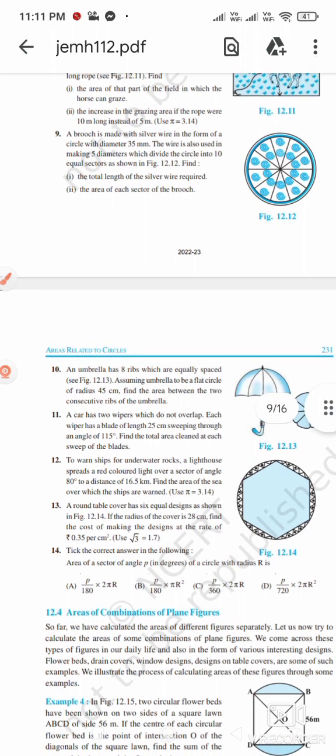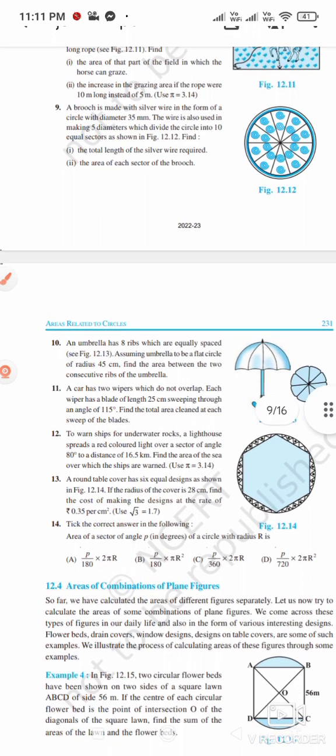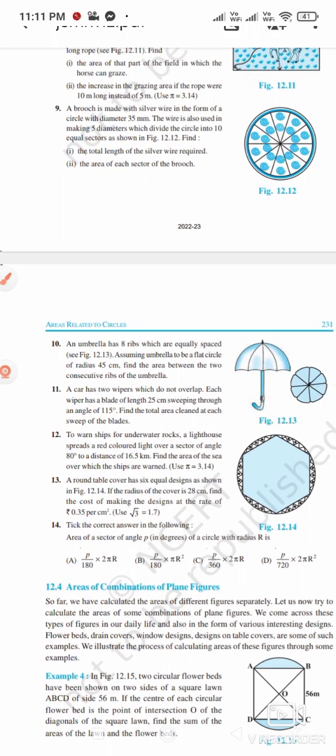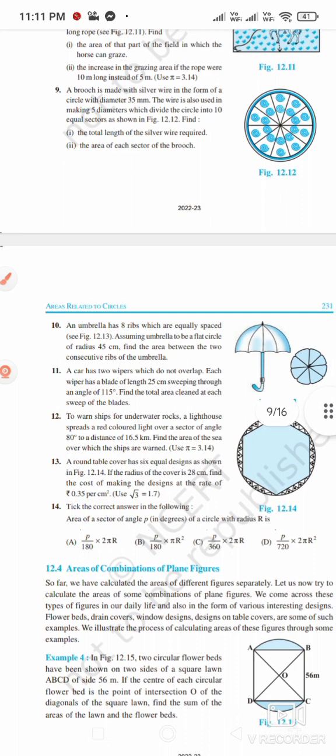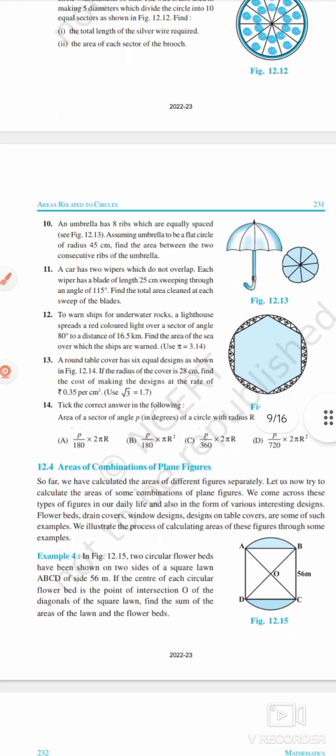So 360 divided by 10 gives 36 degrees for each sector. So I will be going ahead, 1/10 of the circle I need to find. So each sector will be 1/10 into the area of the circle.